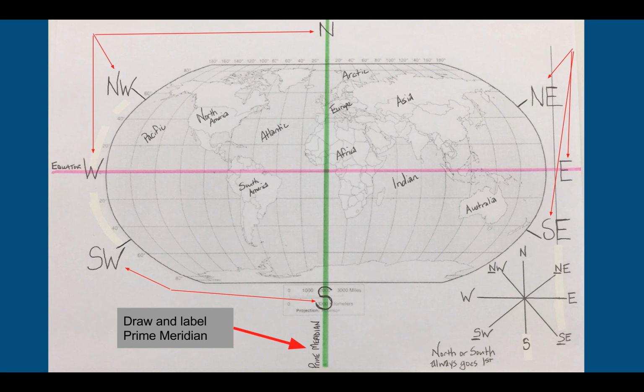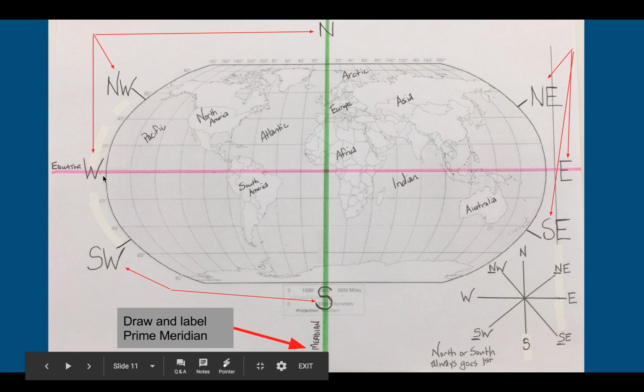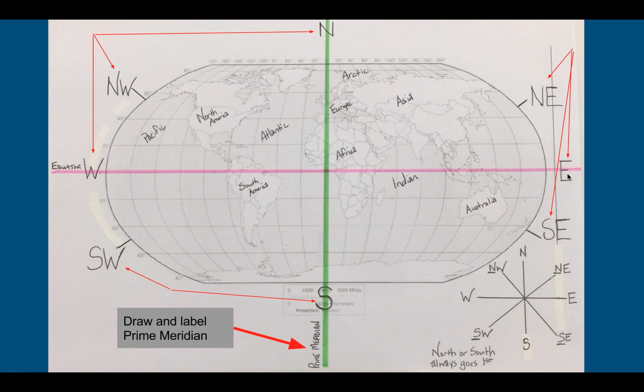So, look at the cursor at the very top, you're going to write N for north. At the very bottom, you're going to write S for south. On the left-hand side, W for west. Right-hand side, E for east. And then you are going to fill in those four other directions: northeast, northwest, southwest, southeast.